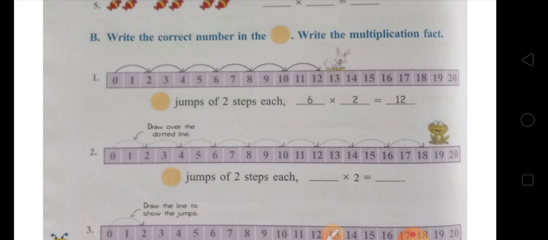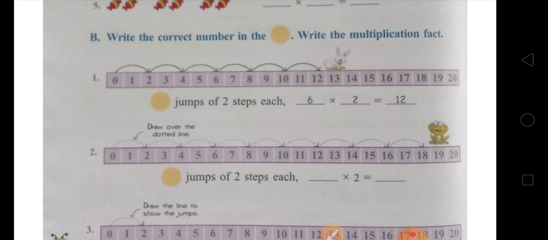So 6 jumps of 2 steps each, 6 multiply 2 equal 12.